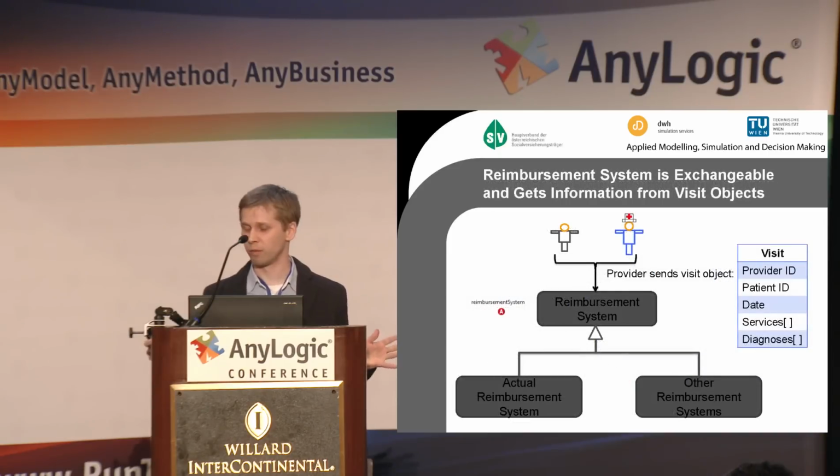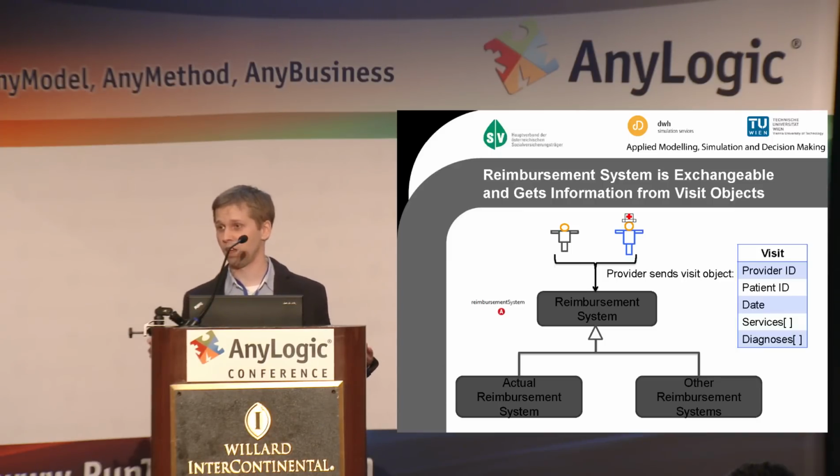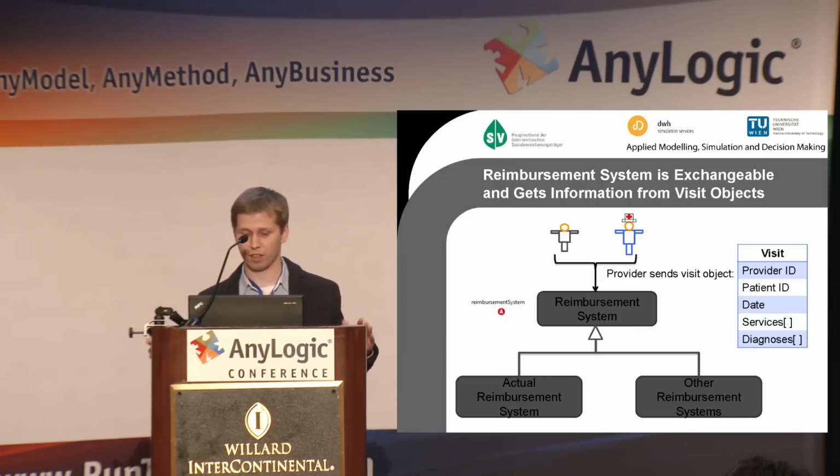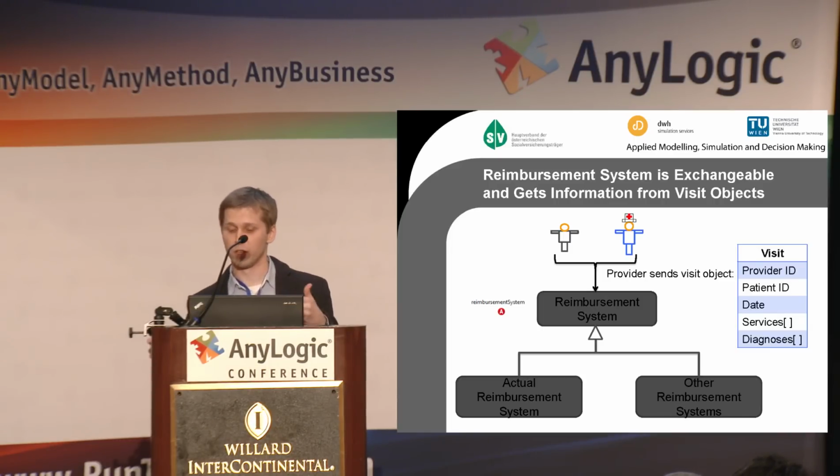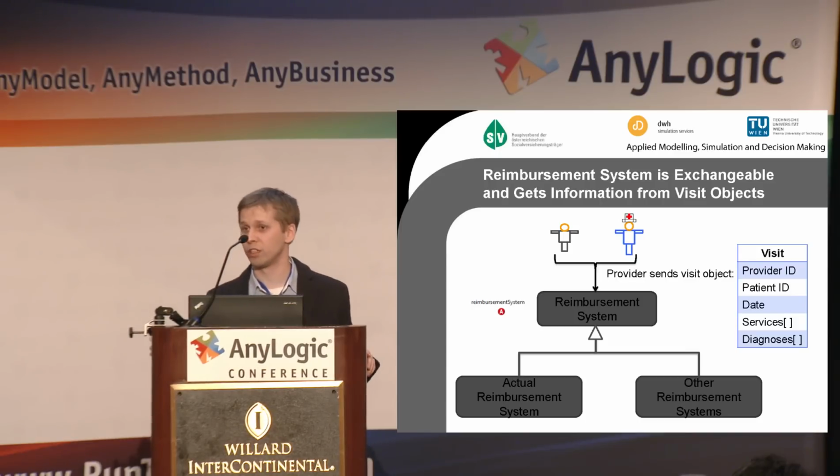And the reimbursement system: we want to exchange the reimbursement systems, so it should be generic. There is this abstract type, just a Java class for reimbursement system, which describes what a reimbursement system should be able to do in general, which is pretty much that it takes wizard objects. A wizard object holds all the information that a possible reimbursement system could use: provider ID, patient ID, so that we know from which provider and patient it was, then the date, the services that were performed, and the diseases.